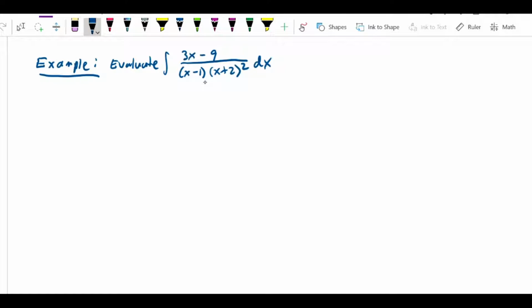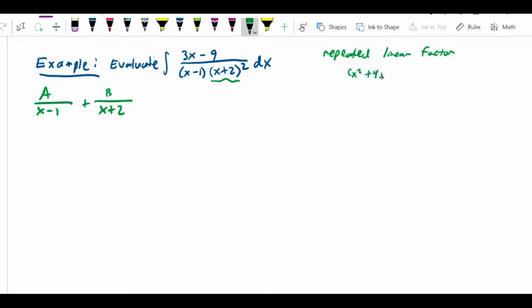So anyway, let's set this up. Let's just set up the decomposition. This is going to be A over x minus 1 plus B over x plus 2. Now, this is the thing that you have to recognize here, that this is what's called a repeated linear factor. It's not a quadratic factor because, even though (x plus 2) squared is equal to x squared plus 4x plus 4, that's not an unfactorable quadratic.